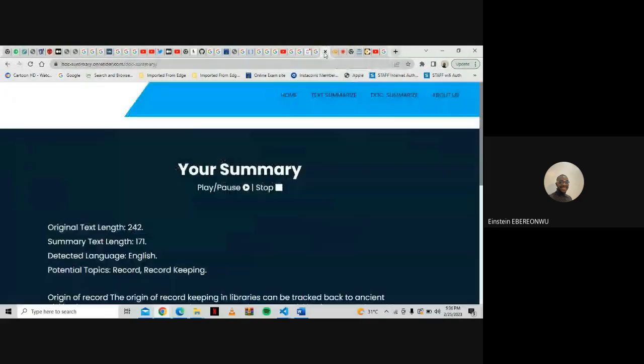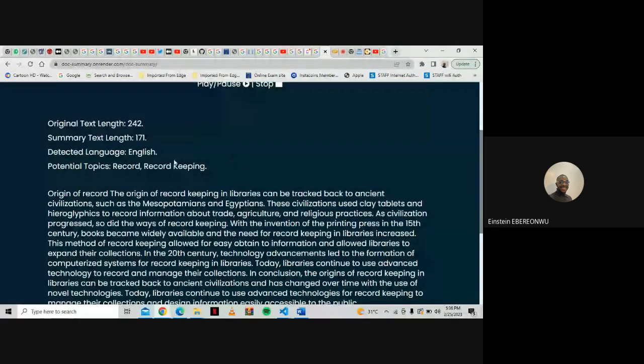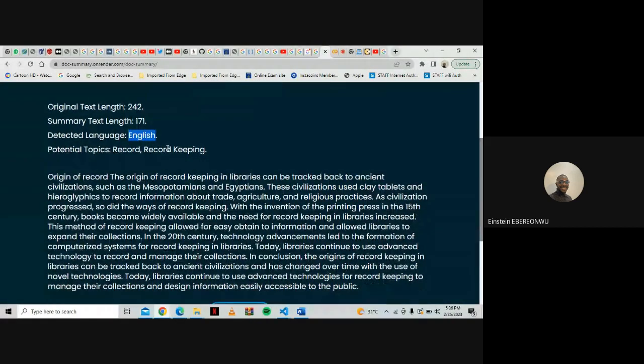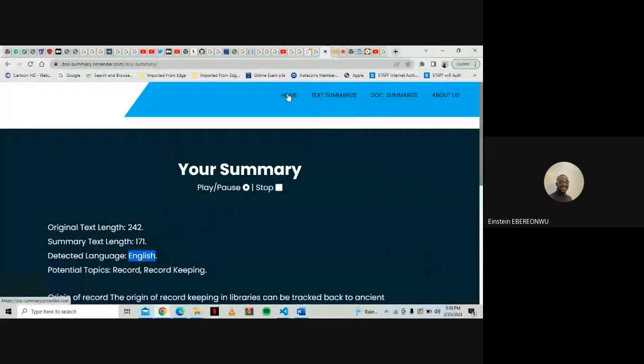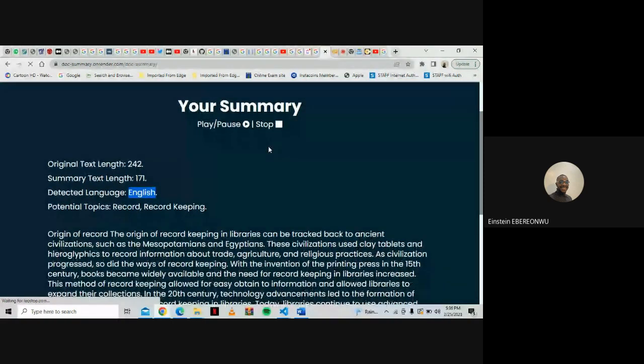Because if I show somebody what the model looks like, the model will tell you it is English, blah blah blah. They'll be like, sure, it works, but how do I really interact with this? So you're going to learn how to build simple web apps of your own that users can interact with, and you can integrate your models into these web apps.